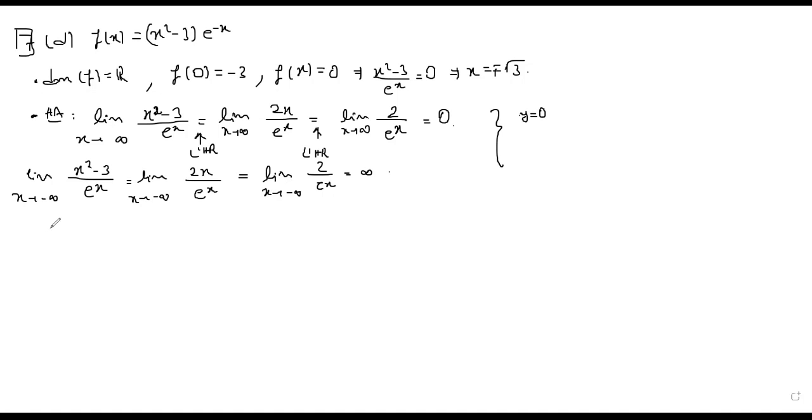Right, now let's compute f prime. Here we have f. So we have a product, we apply that rule, 2x times e to the minus x plus x squared minus 3. And this one's derivative is minus e to the minus x.